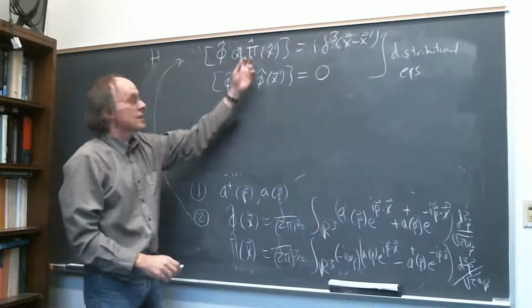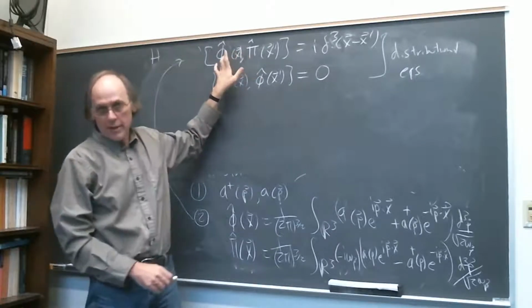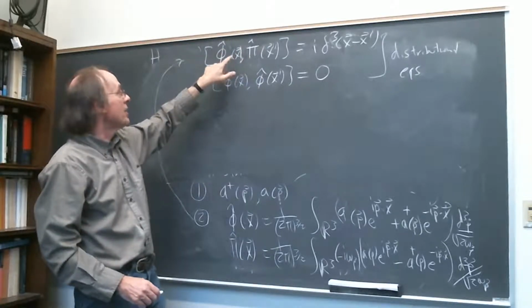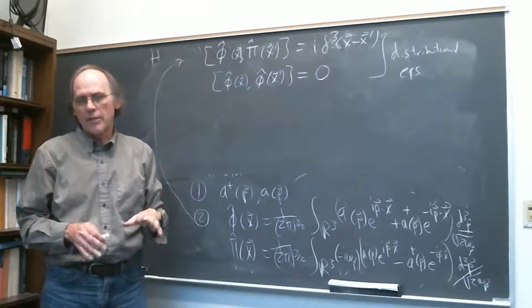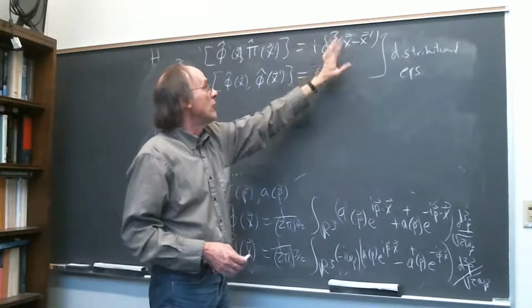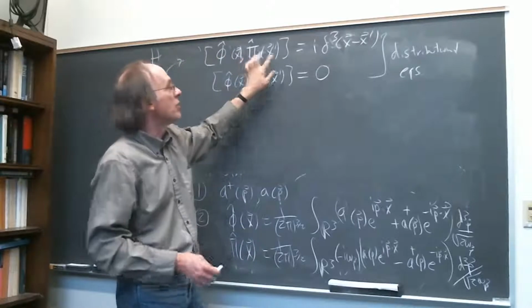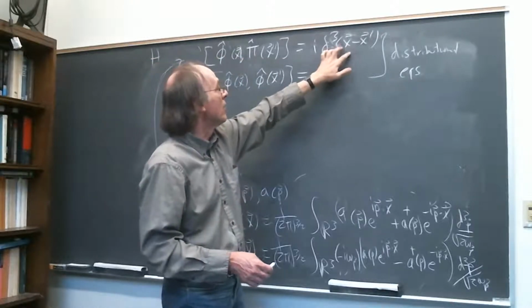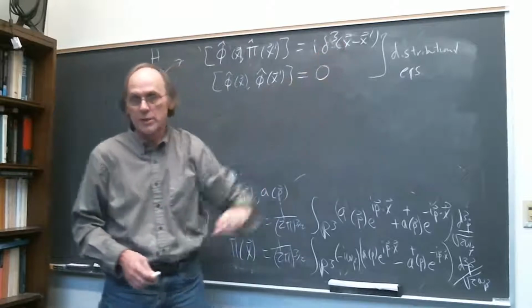If you want to make sense of these things, these are just formal. What really makes sense is integrating this against some Schwartz function, and then you get some well-defined operator. If you do this for two different Schwartz functions, you can figure out what you're going to get here: the inner product of the Schwartz functions.